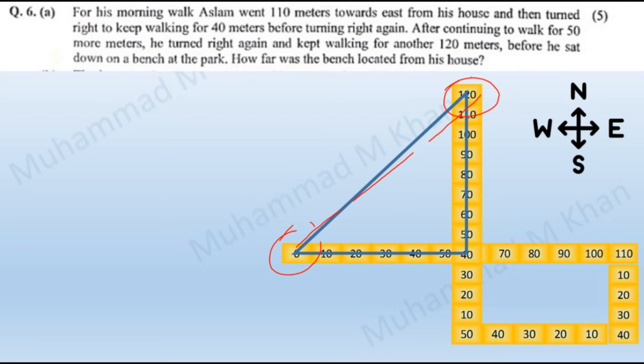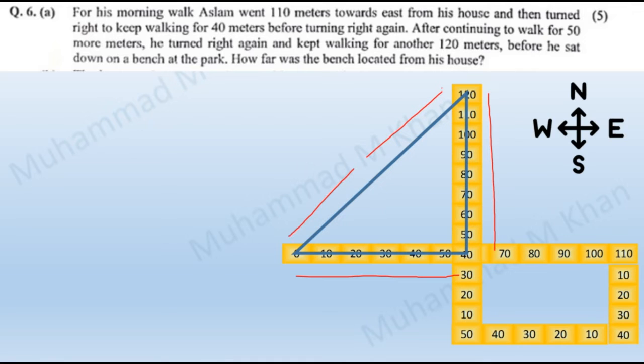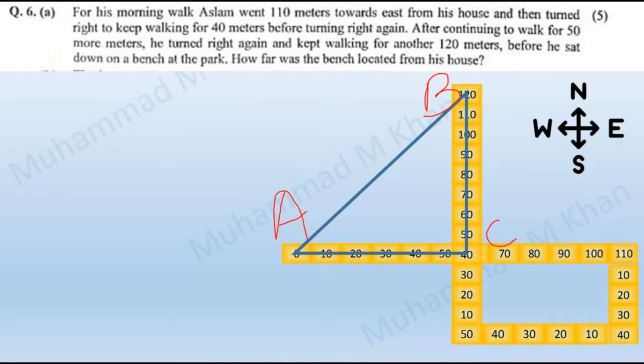So this line is the base of the triangle, this is the perpendicular, and we need to calculate the hypotenuse of this triangle. Let me denote the sides of the triangle by A, B and C.